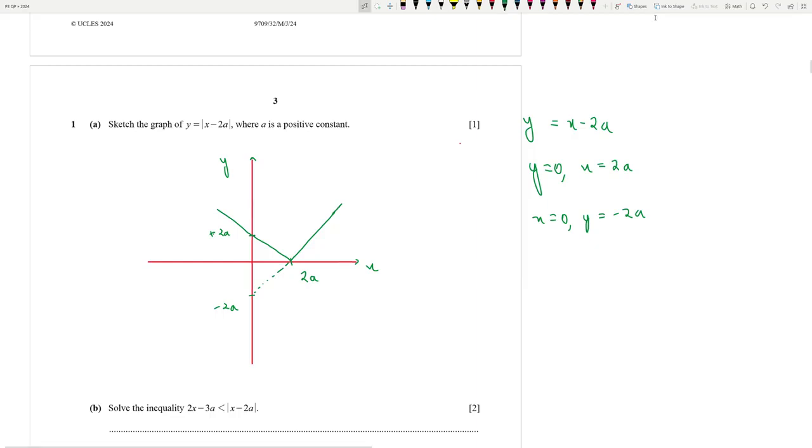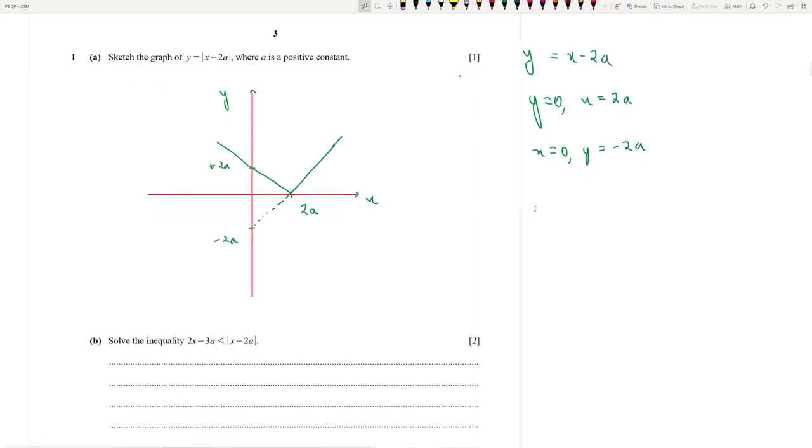This is our answer. Solve this inequality: 2x minus 3a is less than this. So the other graph is y equals 2x minus 3a. When x equals 0, y equals minus 3a.